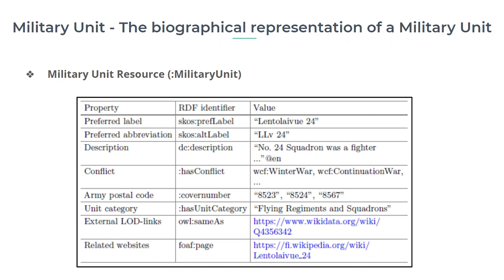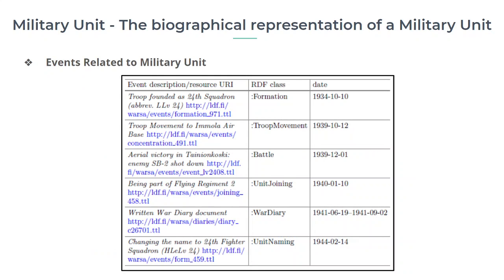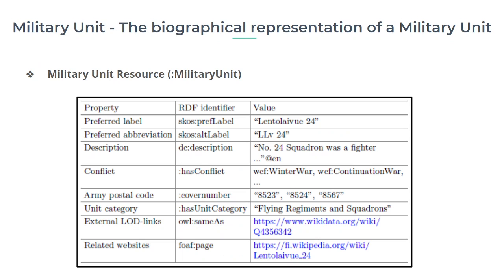Now let's see the biographical representation of military unit. It also contains two things: the military unit resource, in which we'll describe the military unit, and the events that were related to that unit.